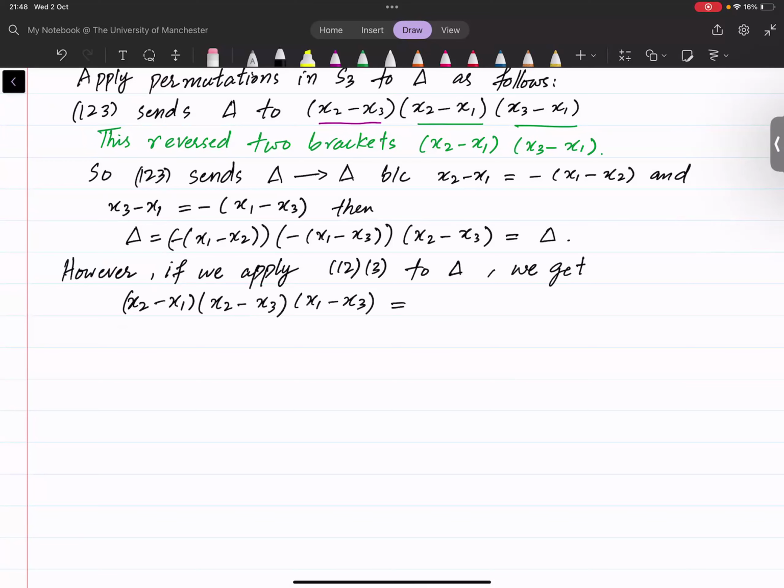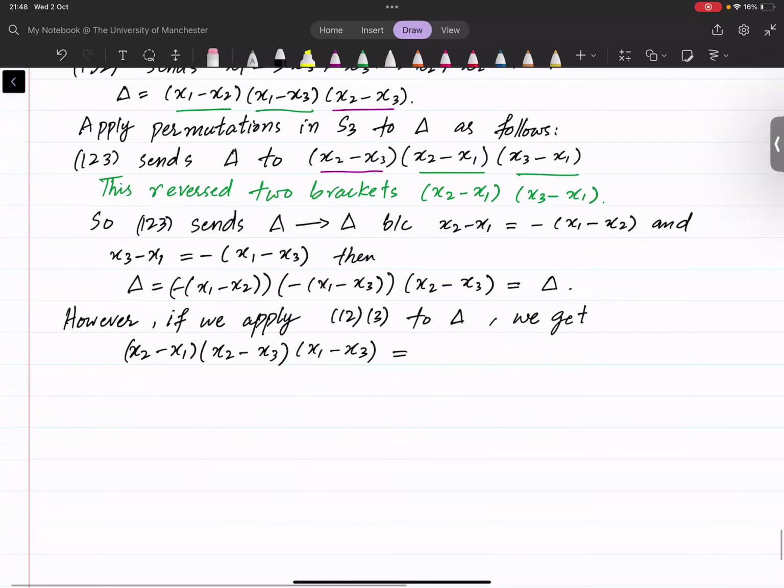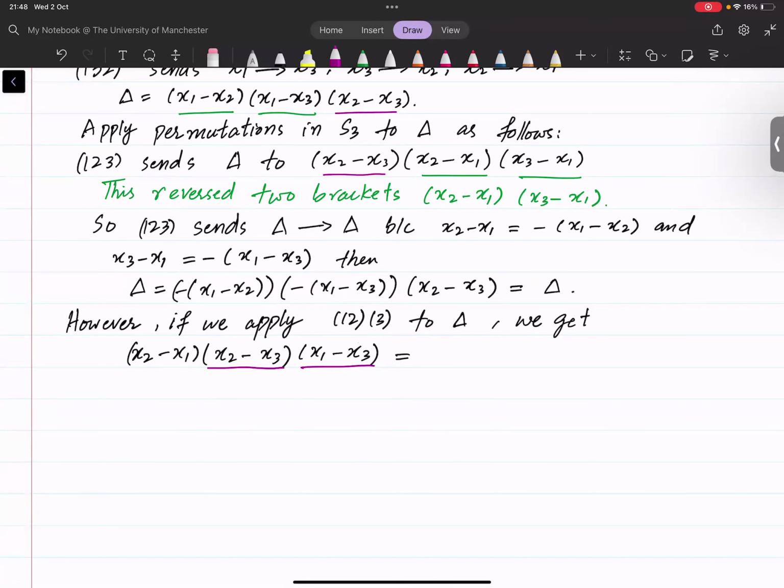See, the first bracket of delta was x1 minus x2. So now we have x2 minus x1. The second bracket was x1 minus x3, which is still there, and x2 minus x3 is also there. But now this one is changed. So you can say we have minus (x1 minus x2) and everything else is similar.